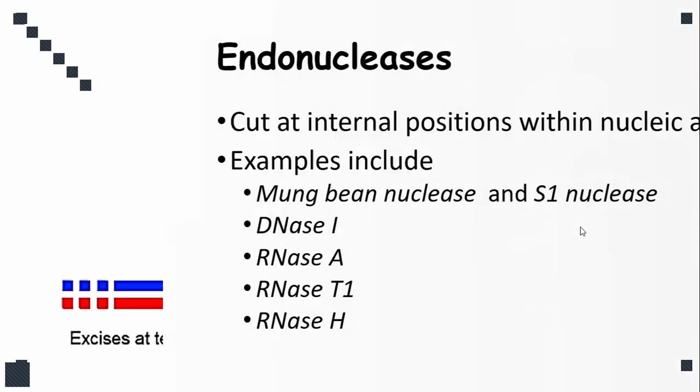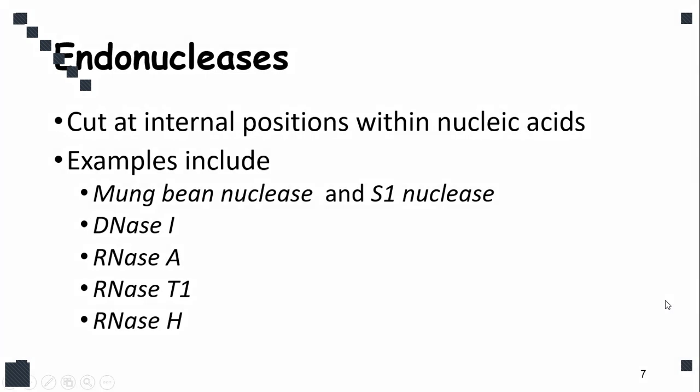So we'll come to see how that actually works. In the case of endonucleases, we say they cut within the molecule, or inside the molecule, and classical examples are listed: DNase I, RNase H, RNase T1, and RNase I, all are classical examples.